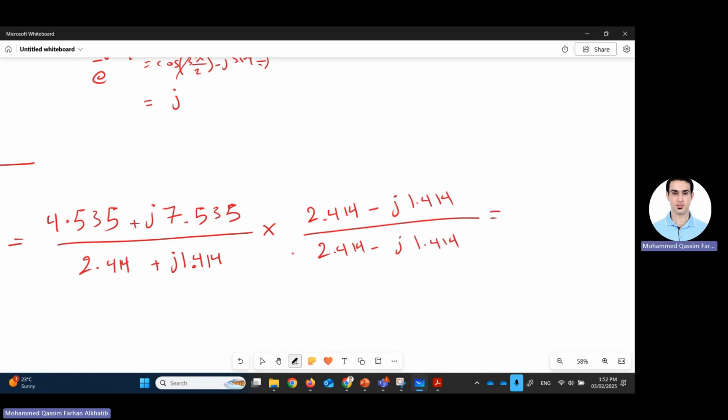All right, let's see what we will get. So multiply this by this. Calculator. It's going to be 10 something. 10.95. Yeah, let's take only 2 decimal points.